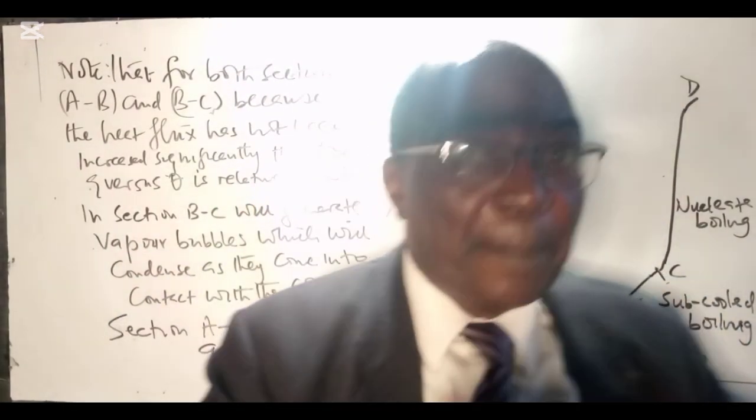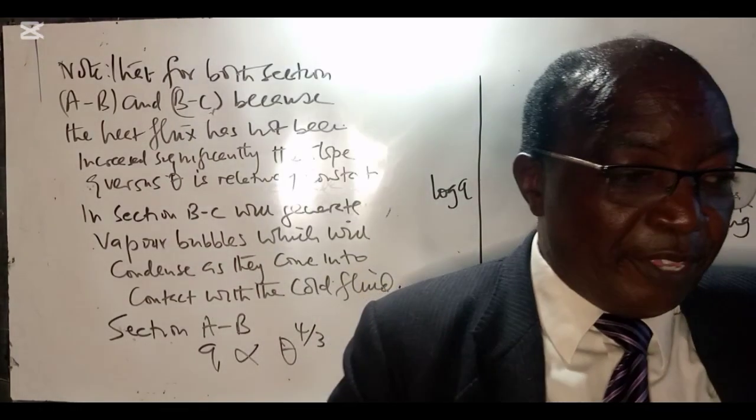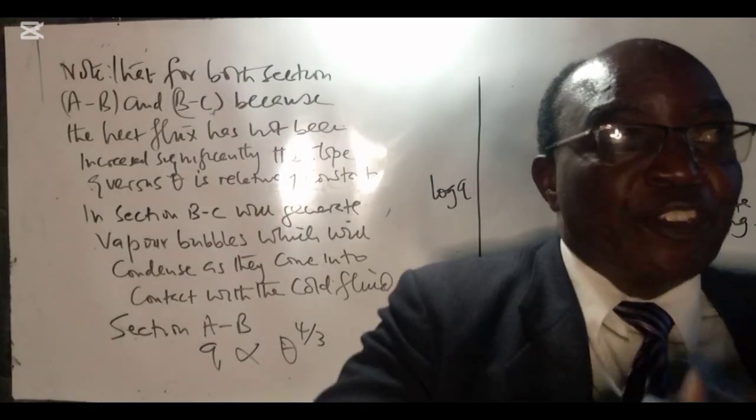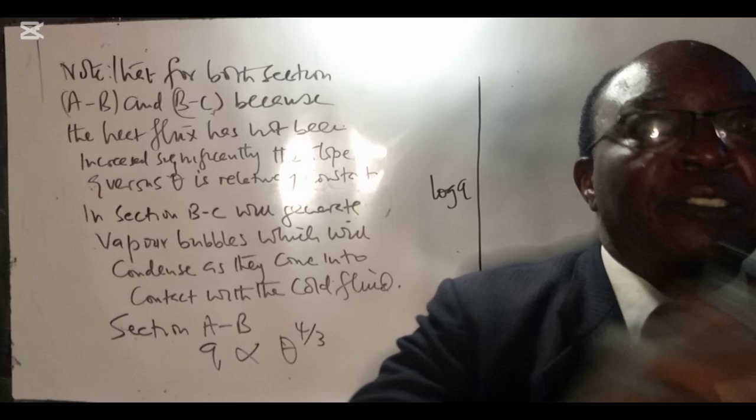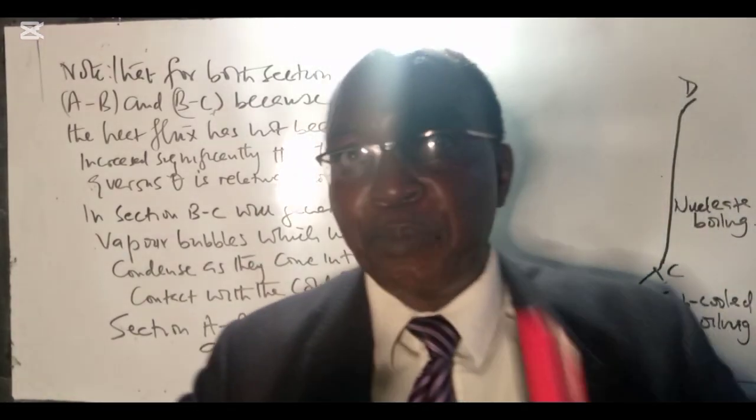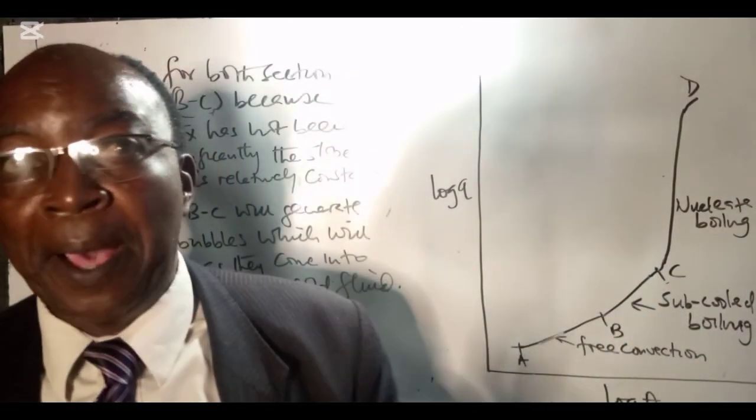As you generate more and more, it will reach a point where the fluid cannot go back to the surface because of the intensity or the population of these vapor bubbles.